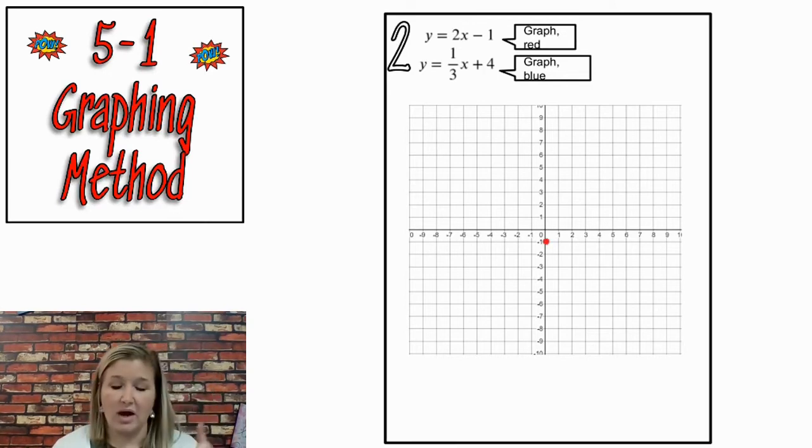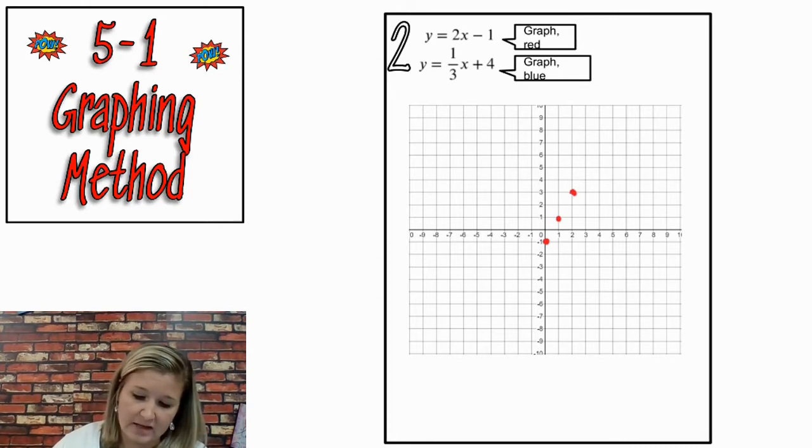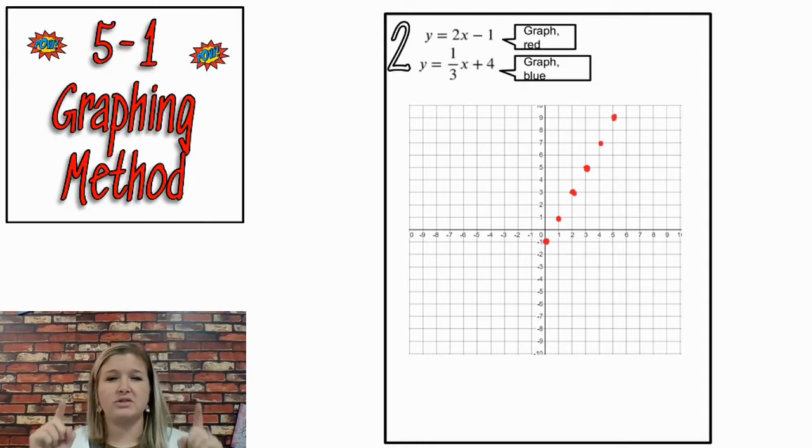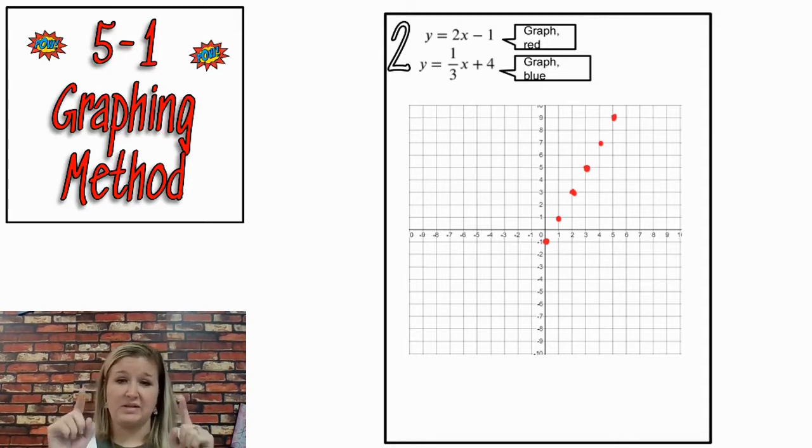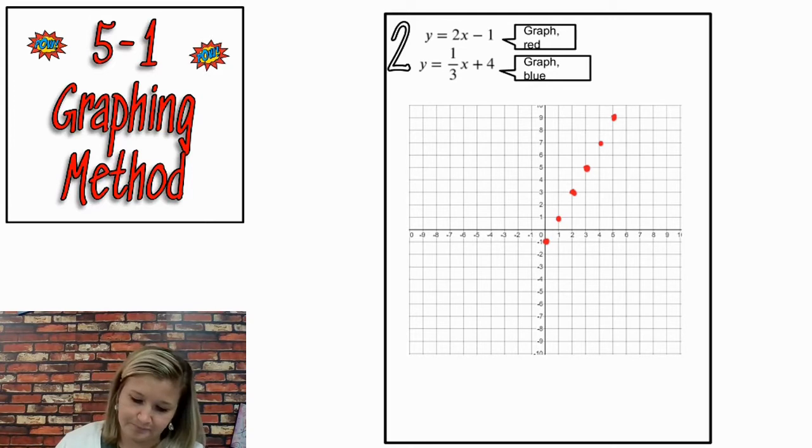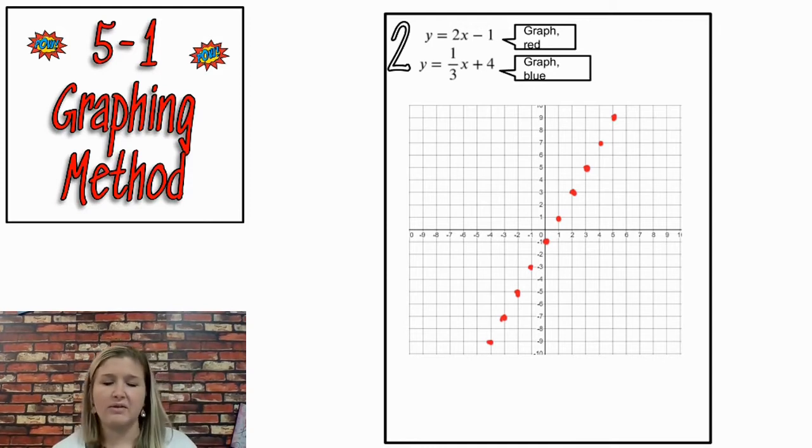I'm going to go up 2, right 1 and carry that out. Then I can also go down 2, left 1 and carry that out. You want to make sure you carry all these points out so that you can definitely find out where those two cross to find the solution.